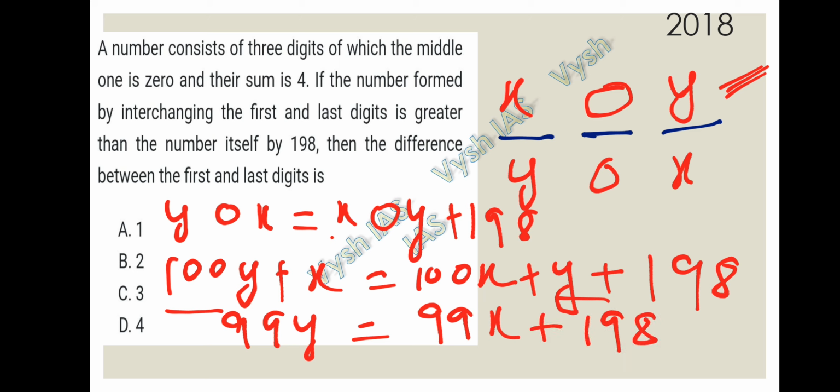They are asking for the difference between the first and the last digits, that is x minus y, which we need to find. If we take 99x to the LHS, it becomes 99 into y minus x.